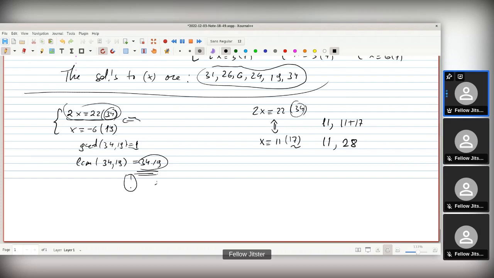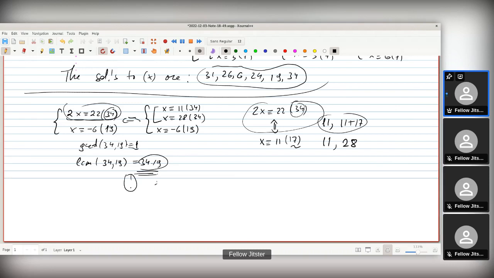We shall replace it by this one: x is congruent to 11 modulo 34, or x is congruent to 28 modulo 34. Effectively, I have solved it. Is it clear? Yeah.